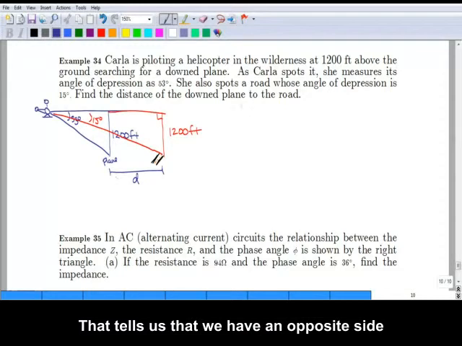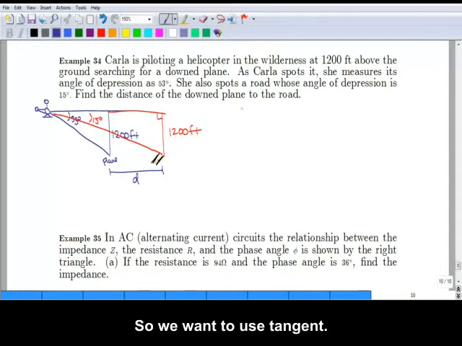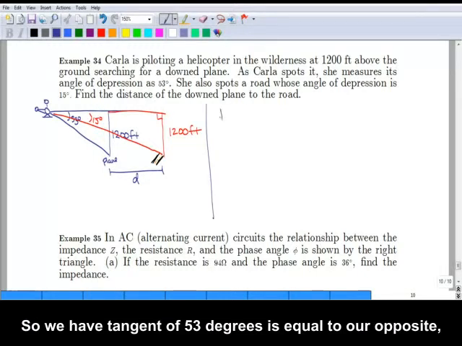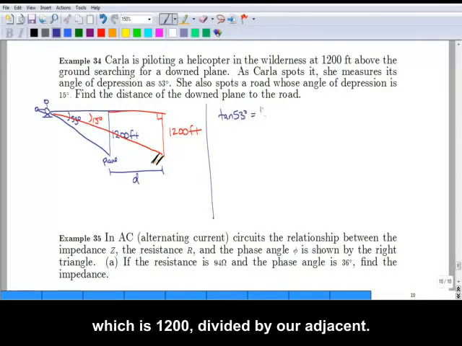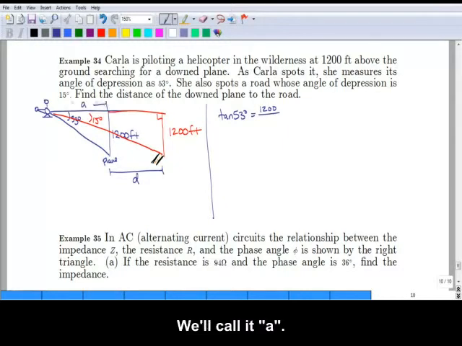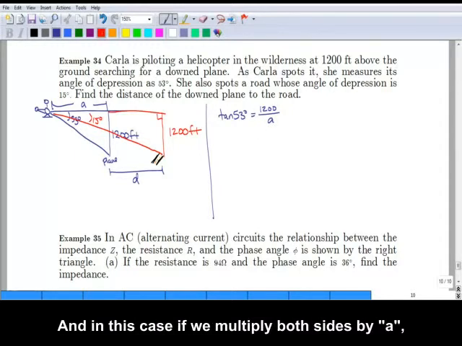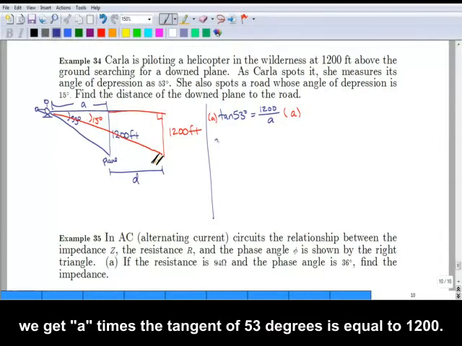That tells us that we have an opposite side, and we want to find the adjacent side, so we want to use tangent. So we have tangent of 53 degrees is equal to our opposite, which is 1,200, divided by our adjacent, we'll call it A. And in this case, if we multiply both sides by A, we get A times the tangent of 53 degrees is equal to 1,200.